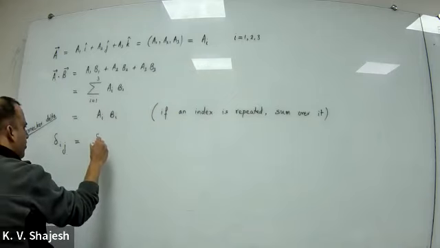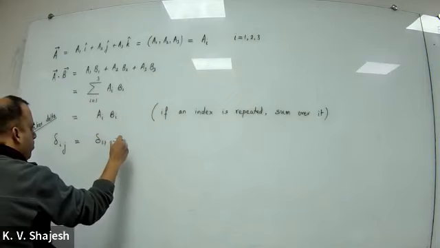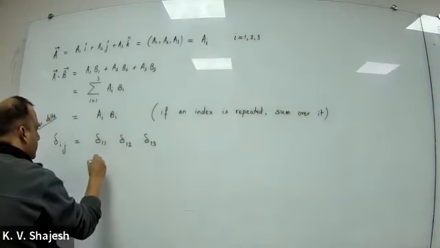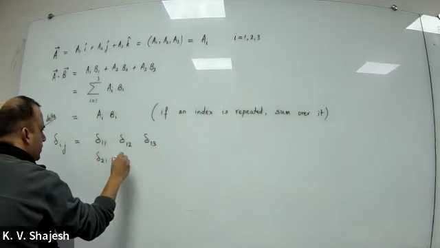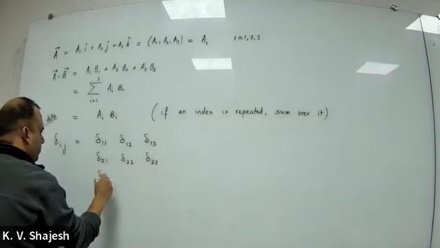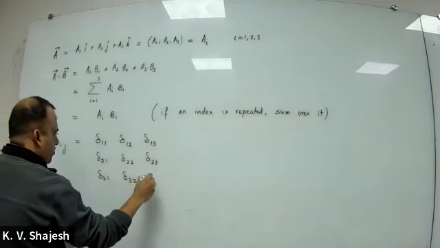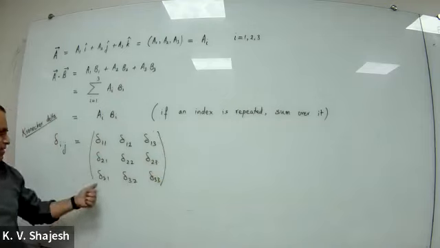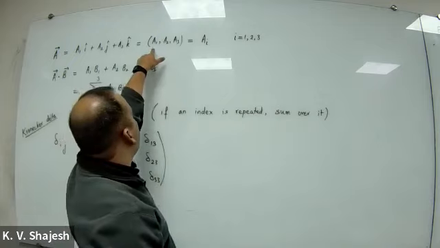A good way of arranging them is delta 1 1, delta 1 2, delta 1 3, delta 2 1, delta 2 2, delta 2 3, delta 3 1, delta 3 2, delta 3 3. It is convenient to write it in this form. This is the equivalent of this.